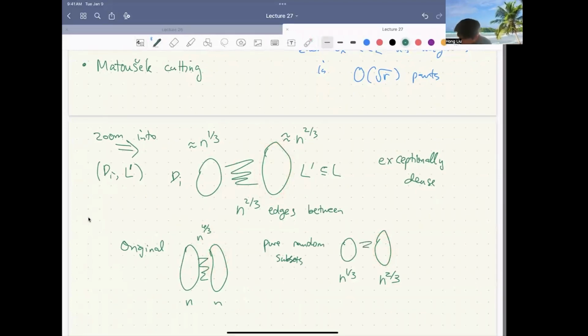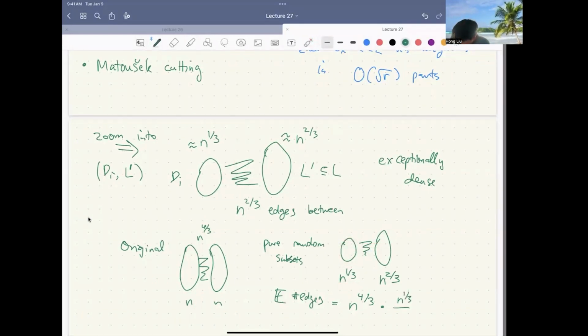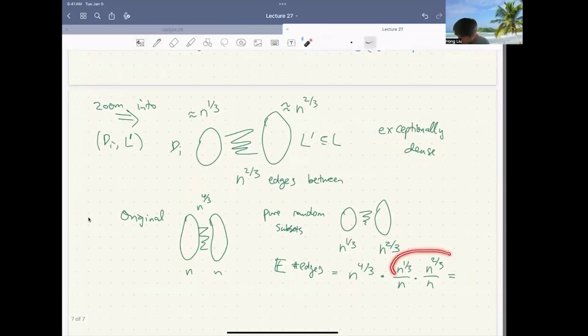What's the expected number of edges in between? You have n to the 4/3 edges total. The endpoint lies here, an edge, the endpoint lies here. The probability is n to the 1/3 divided by n. The right endpoint lies here. The probability is n to the 2/3 divided by n. What's this number? This is n, cancel. So you have this divided by that. That is n to the 1/3.